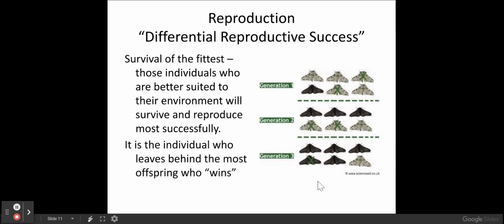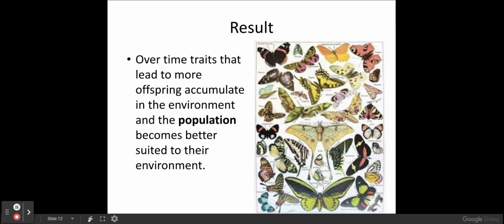Survival of the fittest doesn't necessarily mean survival of the strongest. It just means that those individuals who survive and pass their traits on will have those traits accumulate in subsequent generations. And as a result, your population will change over time.